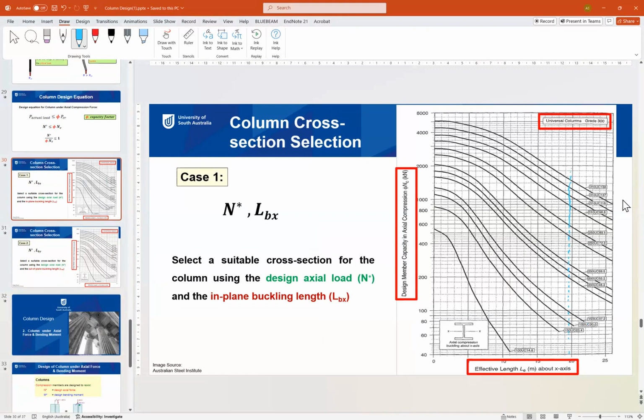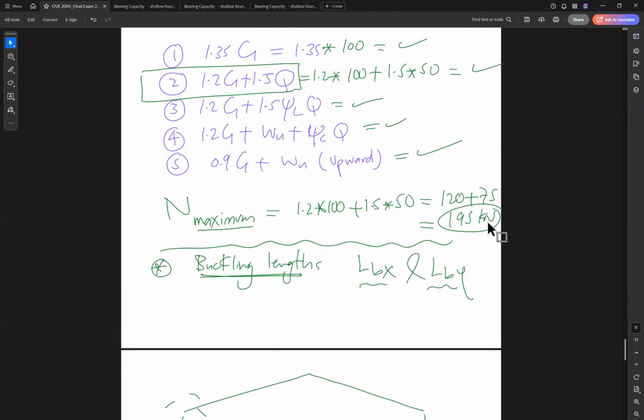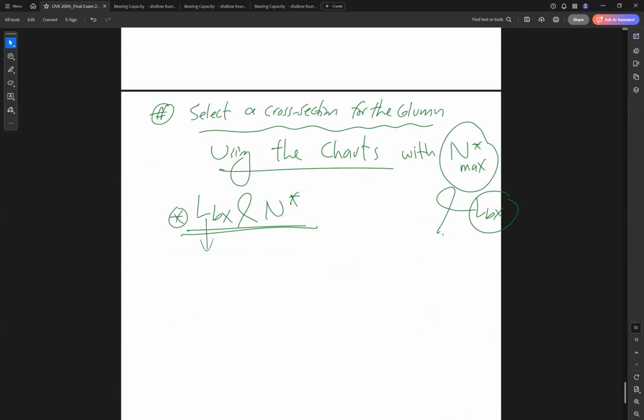How much is the axial force, for example? Calculate 100 something. How much was N from the load combinations? 195. So what do we need to do with LBX equal to 19.8 and N equal to 195?